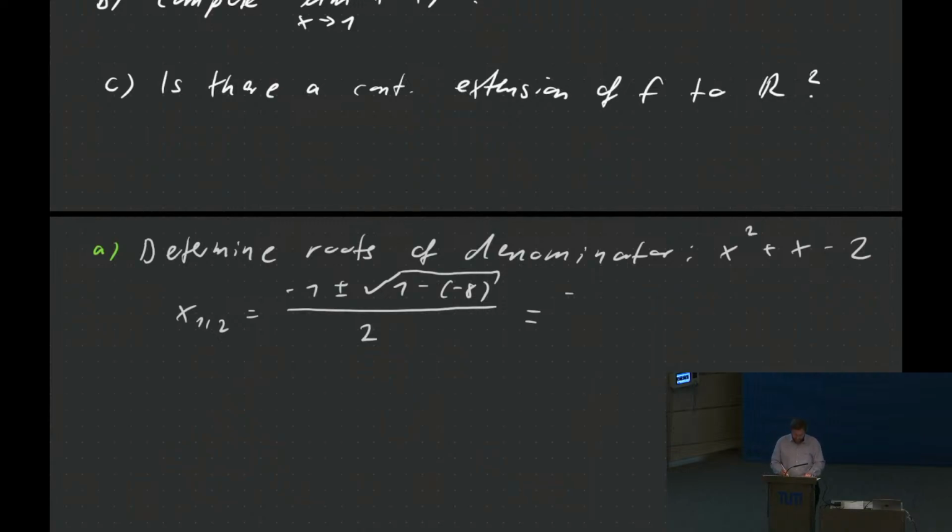All right, so we get -1 plus minus the square root of 1 plus 8, that's 9, over 2. So -1 plus minus 3, divided by 2.